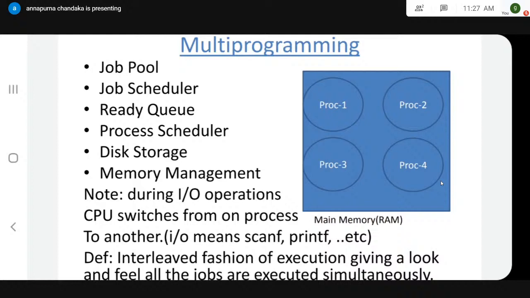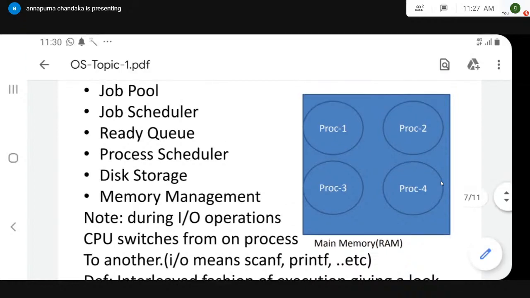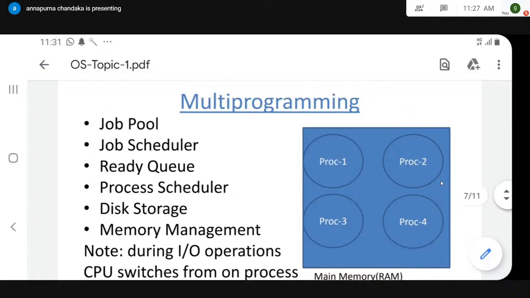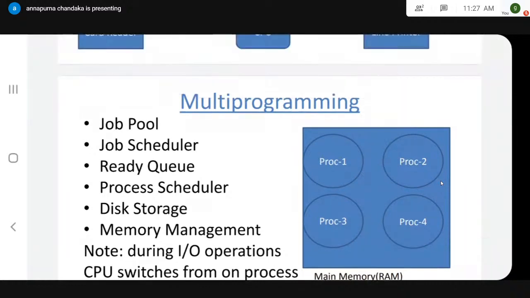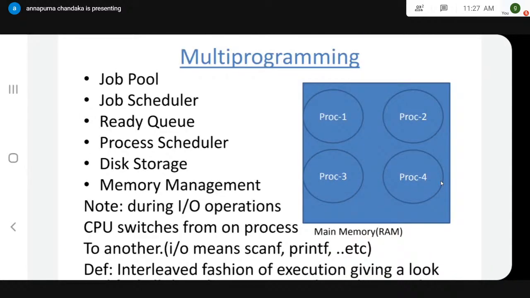Now coming to this, what is multi-program? Can you see the diagram? I have put 4 there. The basic concept is that whenever the user tries to execute any particular program, first of all, the program should be copied into main memory.